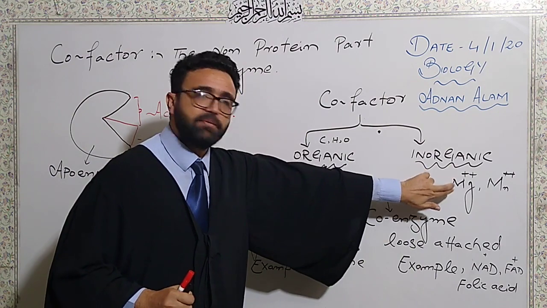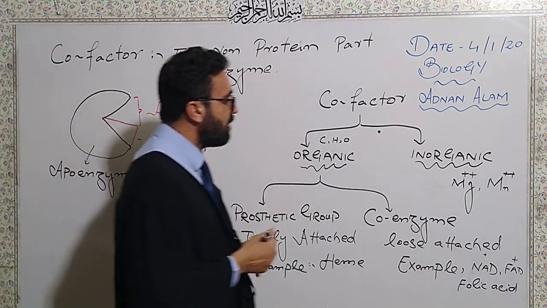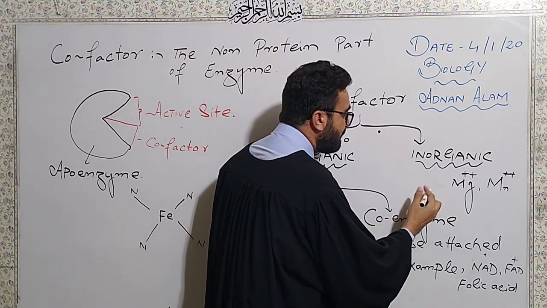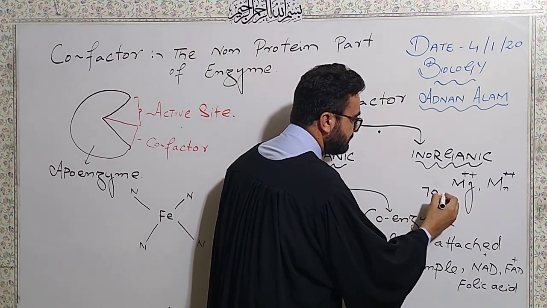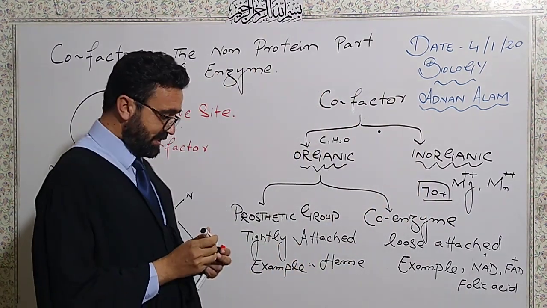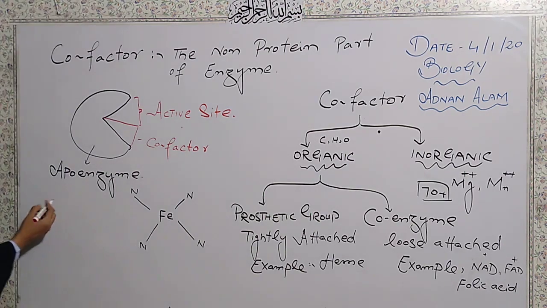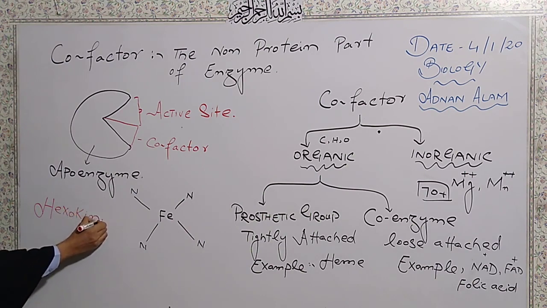Magnesium is the cofactor of about 70 plus enzymes, one of them being the hexokinase enzyme. So my dear students, what is hexokinase?